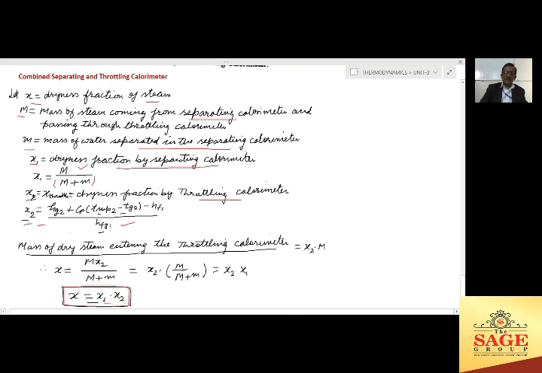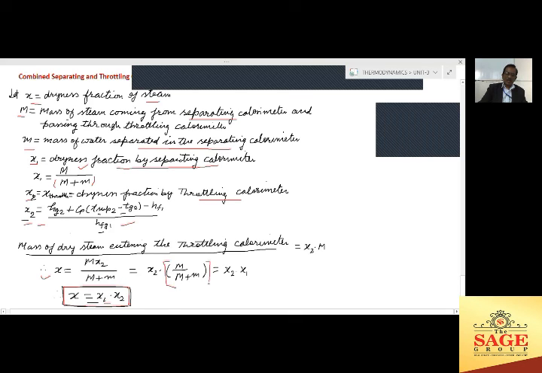Then we can find the dryness fraction finally. X is the dryness fraction, which is X2 into M upon (M plus m), and this portion is called x1. So X2 into x1.